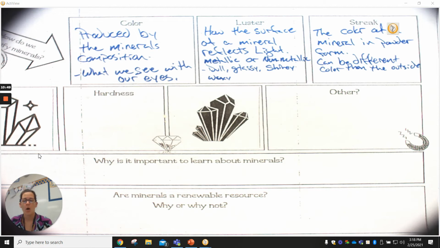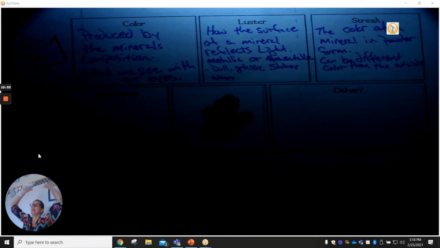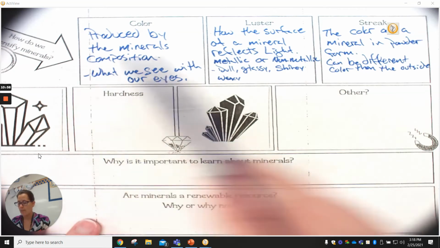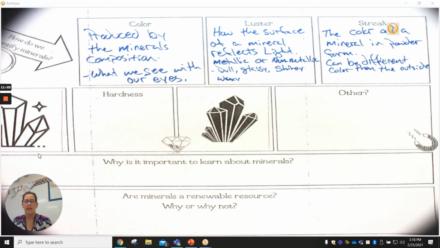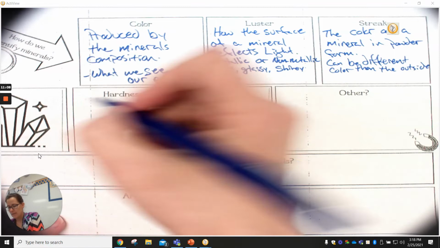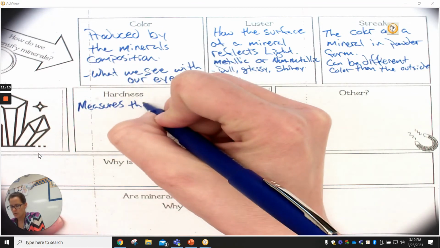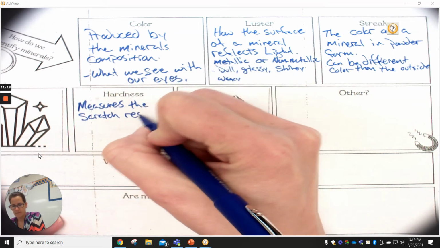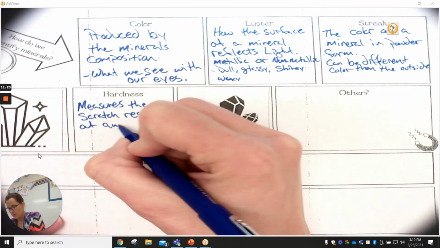Next, we're going to talk about hardness. So this is another property that we can test that can help us identify a mineral. Okay, so these different properties, we've got color, luster, streak, and hardness is another way that we can identify a mineral. And what hardness is, it measures the scratch resistance of a mineral.